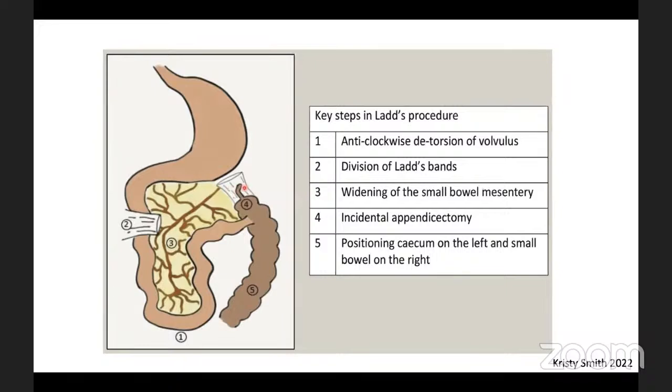It is important that if the LAD procedure and appendectomy have been done, to document in the notes and also tell the parents, because this has consequences later in life. Once he is an adult and has abdominal pain, the physician may not confuse it with appendicitis, because the appendix has already been removed. And finally, the position of the cecum is to the left and the small bowel to the right is maintained.